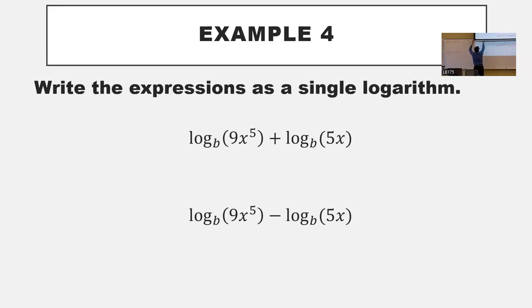Log base b of 9x to the 5th plus log base b of 5x, and then subtract log base b of 9x to the 5th minus log base b of 5x.